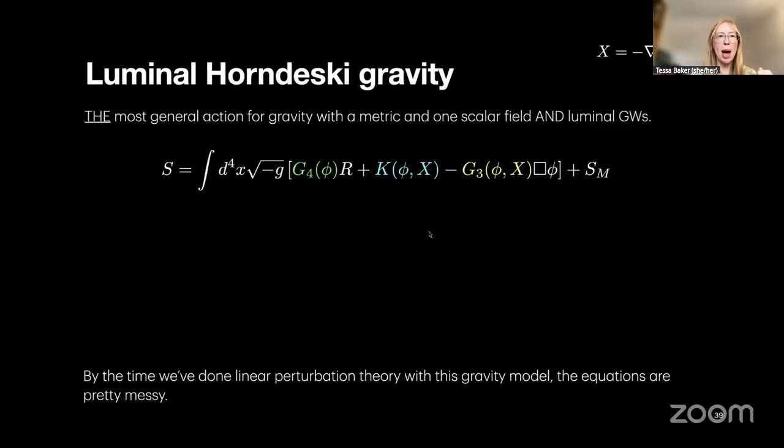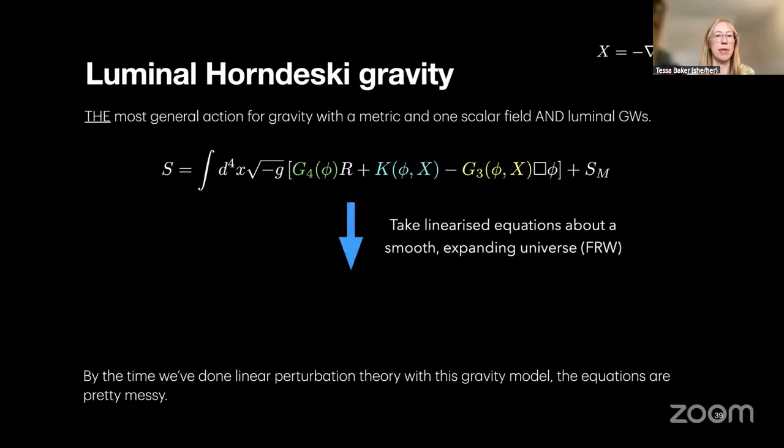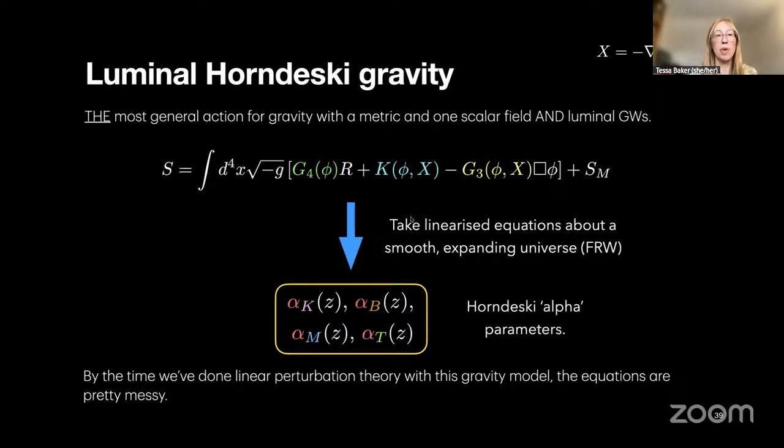So what happened sort of a few years after people started working on Horndeski gravity is that there was put forward a sensible sort of reparameterization of these three functions, K, G3, and G4, that applies to linear perturbation theory. So if we take this theory, we put in our FRW background and we do our linear theory around that, the objects that appear in the linear perturbation theory, we call them the alphas.